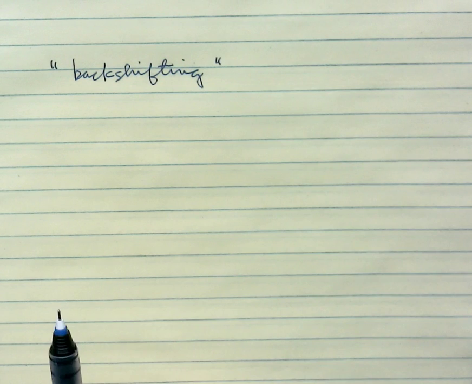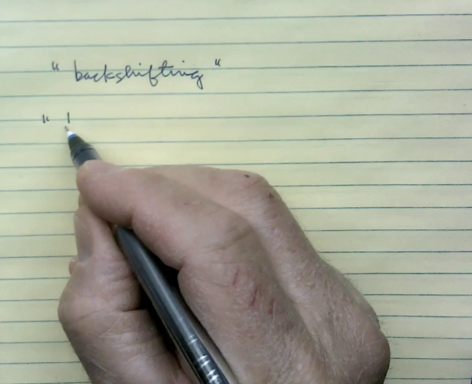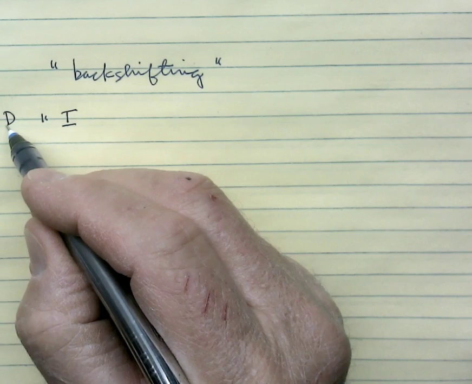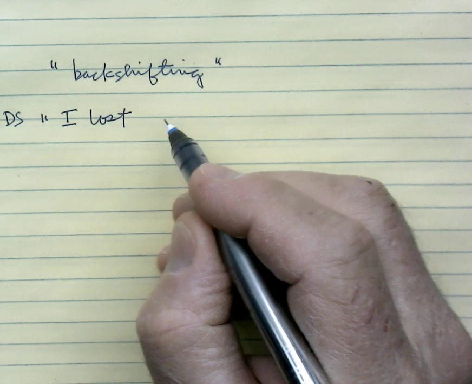Once you start to report others' speech, it becomes pushed back farther into the past, or from present to past. So, for example, let's take a look. I say, this is direct speech, I lost my wallet.